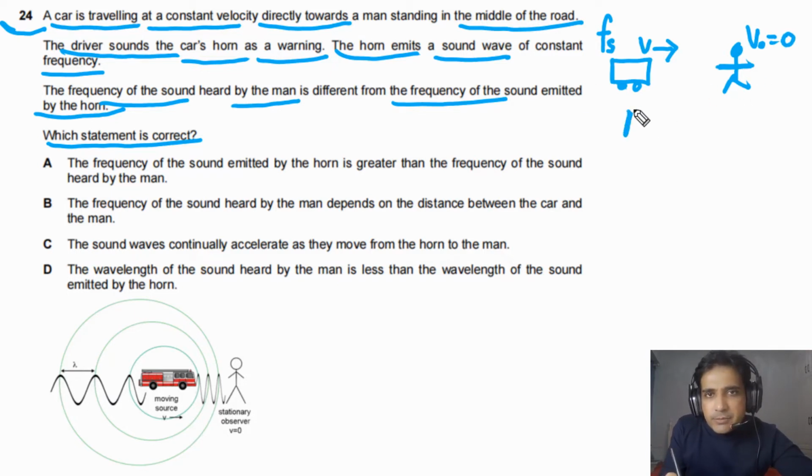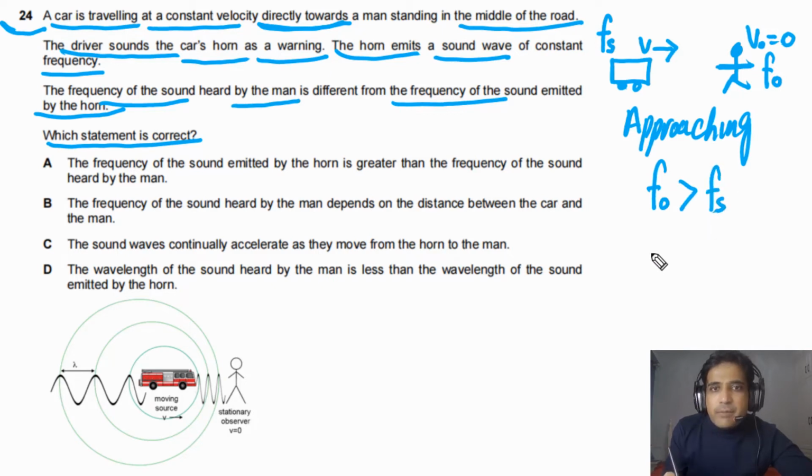As this car is approaching, it is given to us it is moving directly towards the person. So the car is approaching the observer. If the car is approaching the observer, the observed frequency of the sound by this person will be greater than the frequency of the sound produced by the source. Now we also need to understand V means the speed of the wave in the medium.